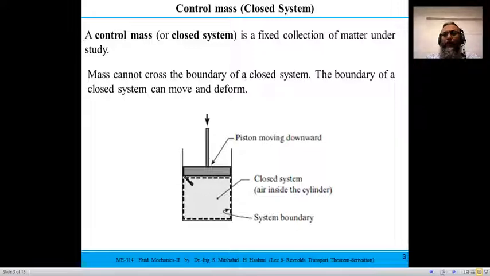Here mass cannot enter because there is no opening, and so we call it a control mass. Mass remains the same, and no mass can cross the boundary of the system. So what we are doing is controlling the mass here.